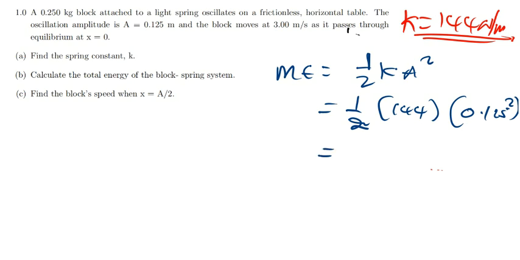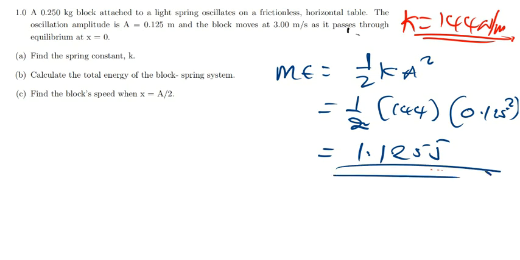So what is the total energy? When you hear total energy, we are still talking about the mechanical energy. So 1 over 2 is 0.5 times 144 times 0.125 squared. So the total energy is 1.125 joules. That is my mechanical energy, or the total energy.